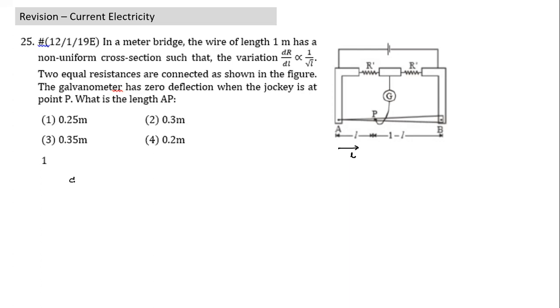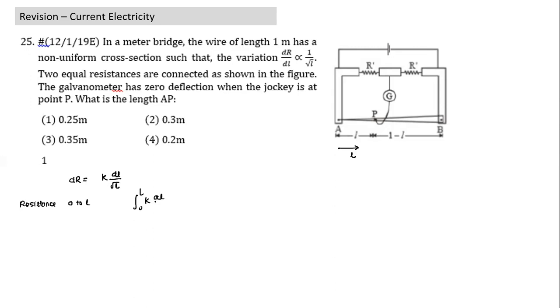So what is given? dr, the resistance for a small piece, is some k times dl divided by root L. This is how the resistance is. So if I have to find the resistance between 0 to L, I need to integrate from 0 to L. That will become the resistance between 0 and L.